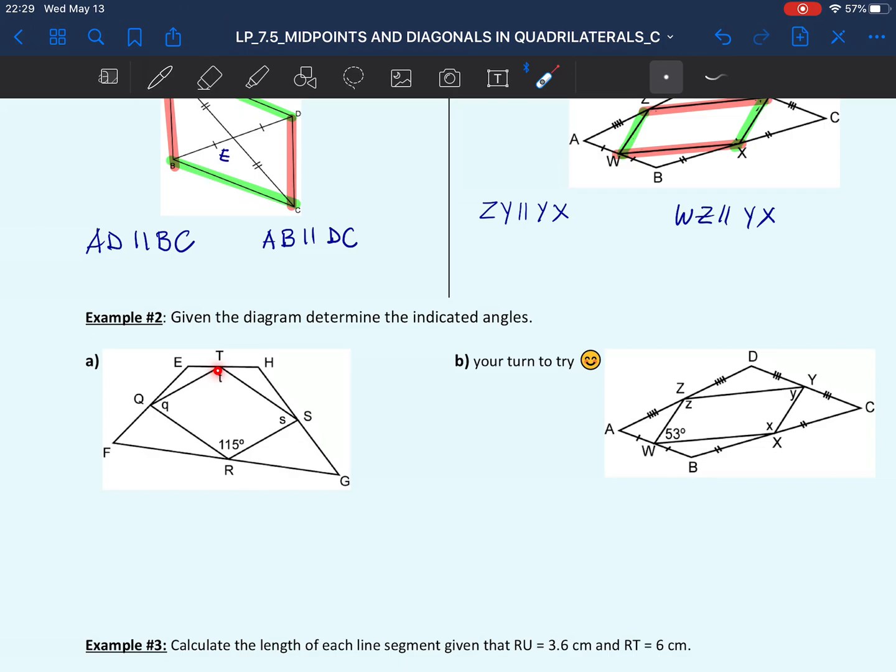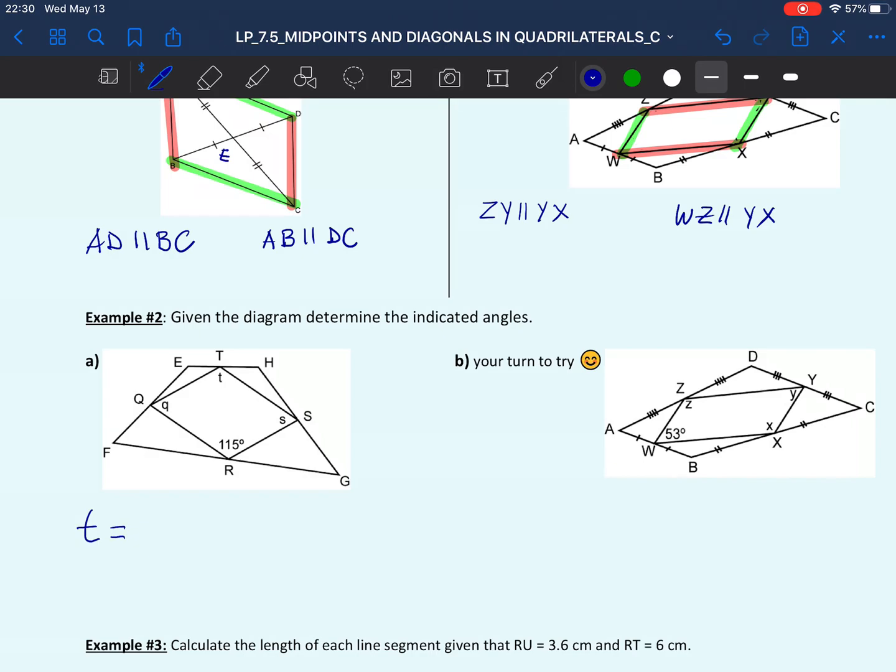And then we have connected the points T, Q, R, and S, which are the midpoints of each side of this quadrilateral. As a result, a parallelogram has been formed, RQTS. And we know one of the angles, angle R, in the parallelogram is 115 degrees.